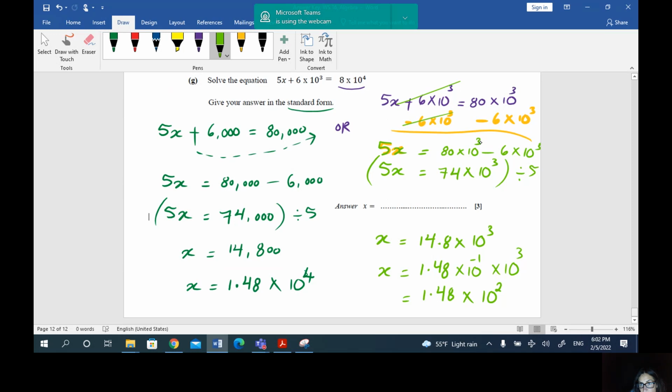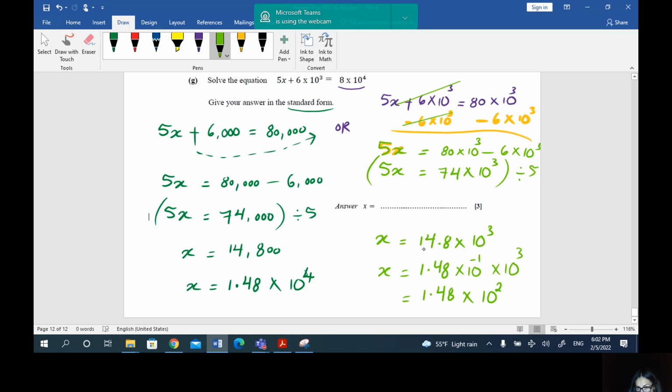Okay, here, what did we do? 6 times 10 to the power of 3. So this one is 8 times 10 times 10 to the power of 3, so it's 80 times 10 to the power of 3, right? 5x is equal to 80 times 10 to the power of 3. 80 minus 6 is 74 times 10 to the power of 3. 74 divided by 5 is 14.8 times 10 to the power of 3.